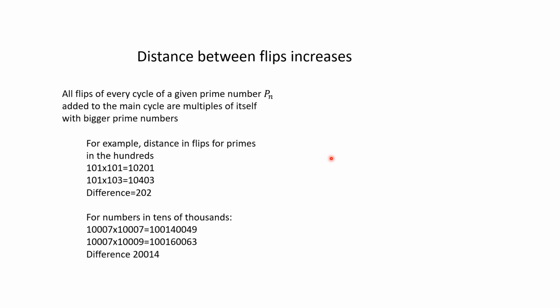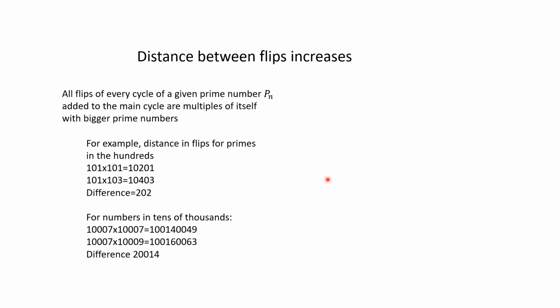Because, for example, if you have the cycle of 3 and 7 and comes number 11, the flip's gonna be from 121 and up, because under 121 the multiples of 11 are already multiples of 3 or 7, so they are already included in the cycle. So the flips are always multiples of the new prime number that is merged with the main cycle and itself or other bigger prime numbers.